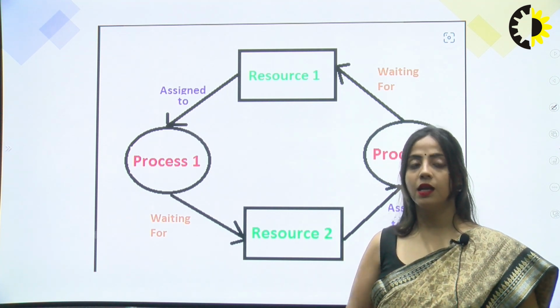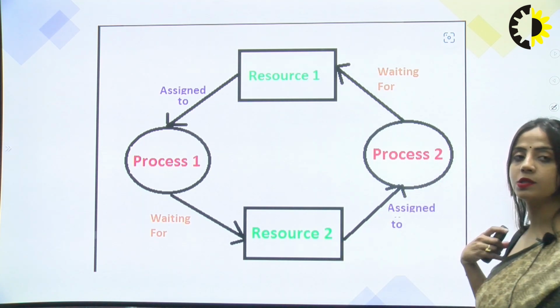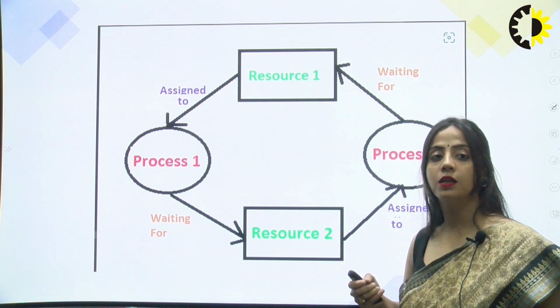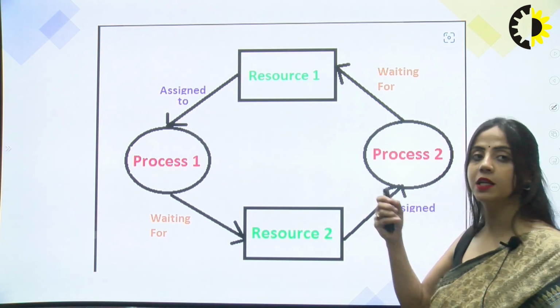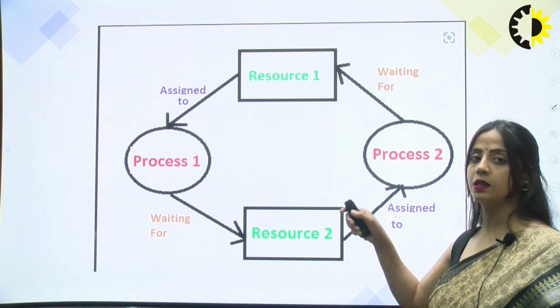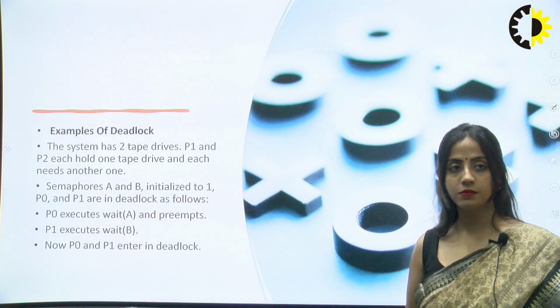The same thing is happening with process 2. Process 2 is waiting for resource 1, but it already has resource 2. So this kind of condition is a deadlock condition, and this is a diagram of a deadlock.